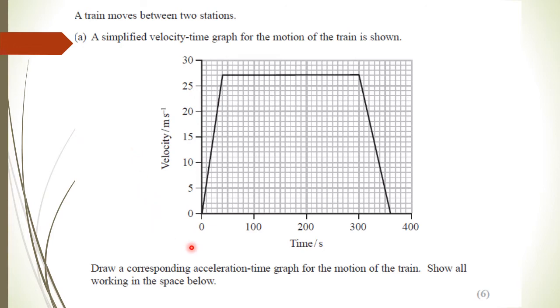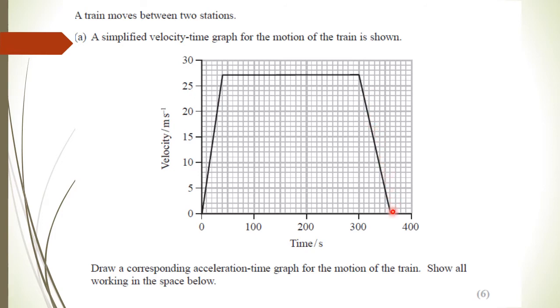First of all, remember we have to draw an acceleration time graph. So here we can consider different time intervals. At first, what is happening? Here velocity is increasing constantly, here velocity is constant, and at this point velocity is decreasing constantly.